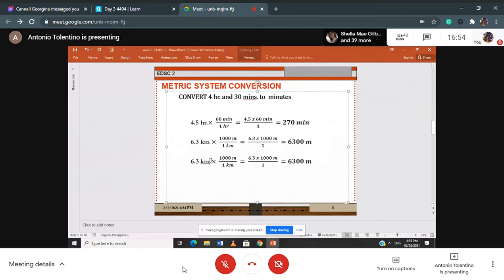And then, i-convert na to si meter to centimeter. How many centimeter in 1 meter? 100, sir. Okay, 100.